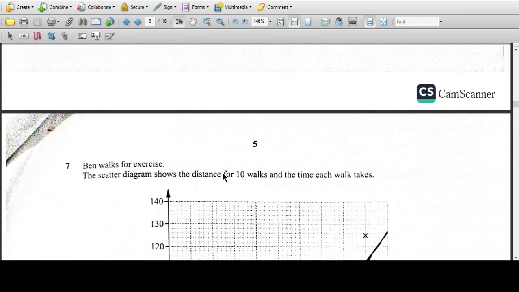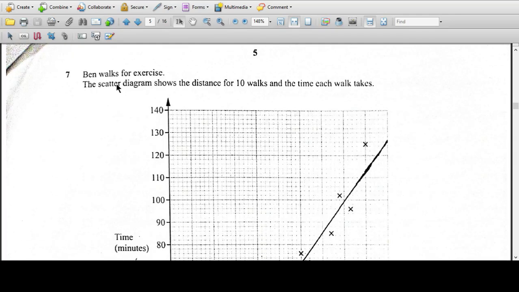Now question number 7. Ben walks for exercise. The scatter diagram shows the distance for walks and the time each walk takes.